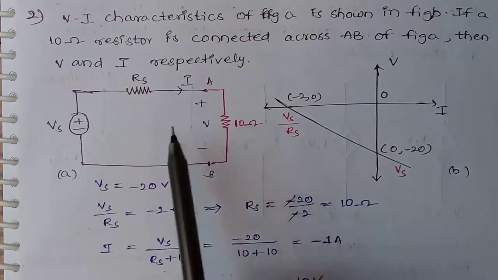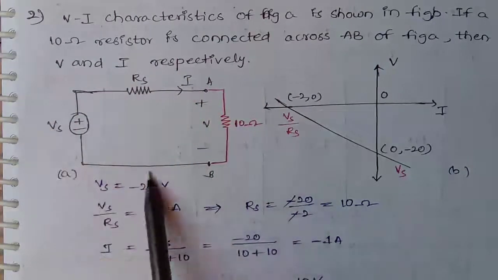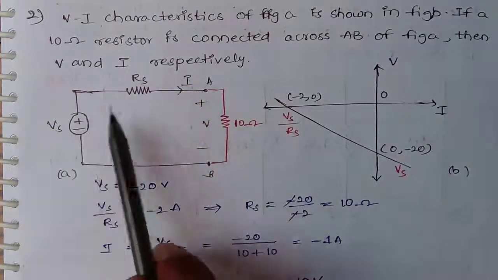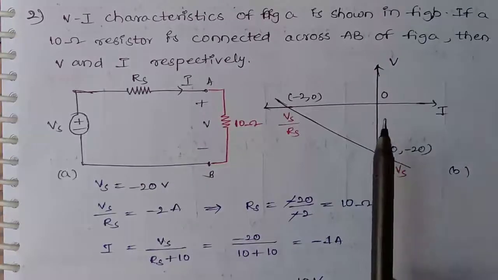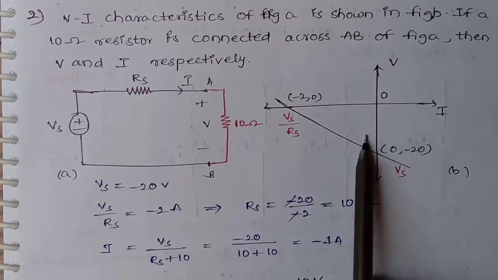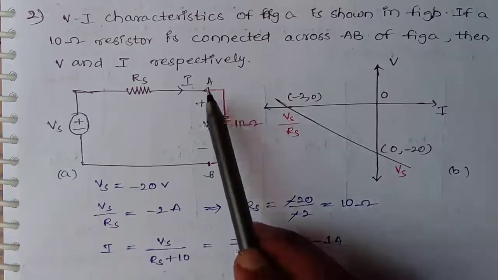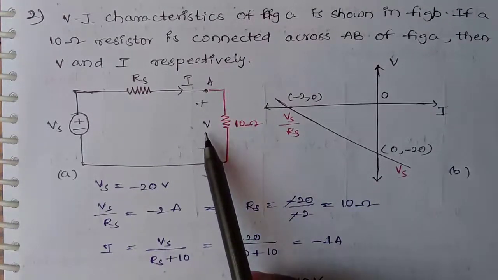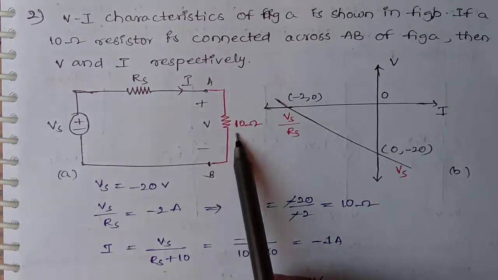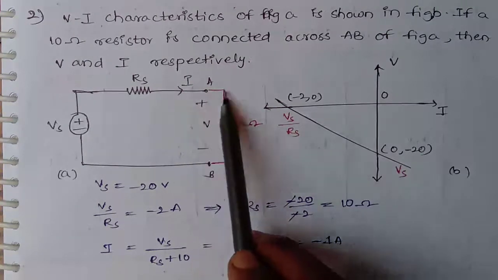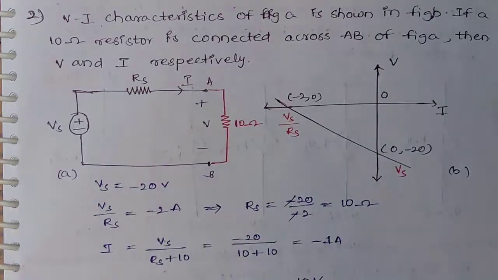We are given this circuit figure A, and its characteristics are given in figure B. We need to find the voltage across this 10 ohm resistor and the current through it. That is our aim. Pause the video, try this question.